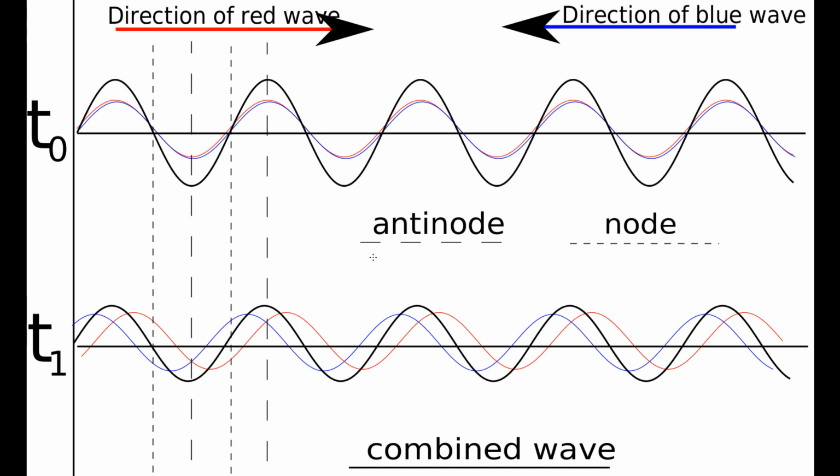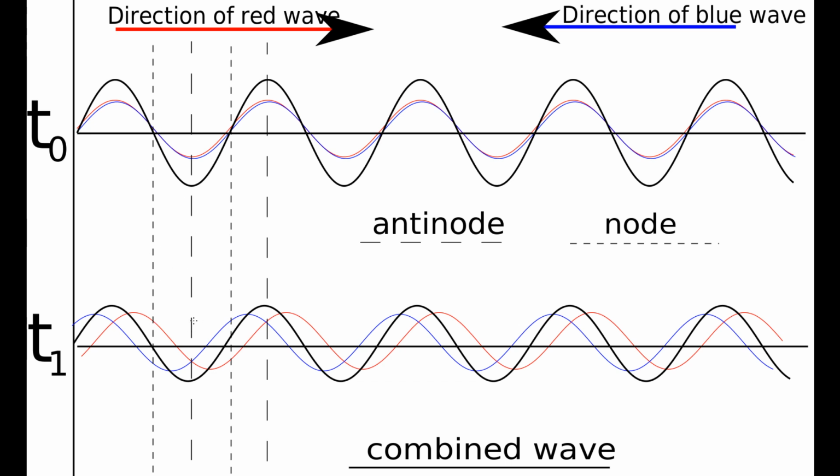So we've got the nodes and the antinodes, and these are what the dashes represent. These nodes are the regions in the standing wave where we have zero displacement. Or for the formal definition, it's any point on a stationary wave where there is no displacement of the particles at any time. So we can see there's no point in time here where there's any displacement at all about these nodes.